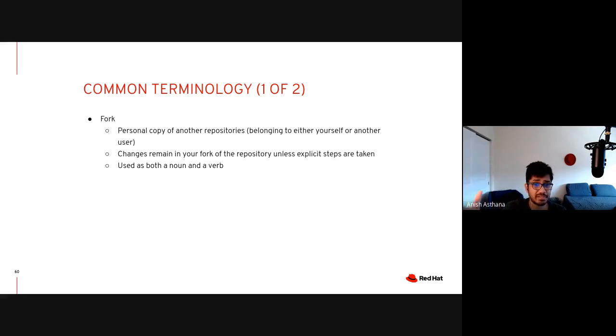I think it'll be easier to explain with the diagram, so we'll get to that in a few minutes. But basically, it's just your own copy of the repo that's stored on your namespace on the server itself. Again, like with your local copy, changes don't go anywhere unless you tell them to go somewhere.